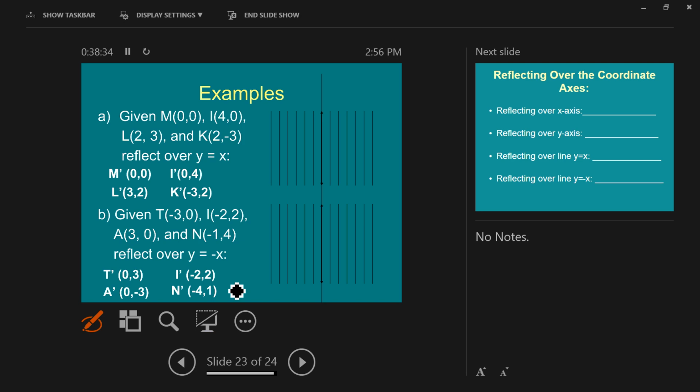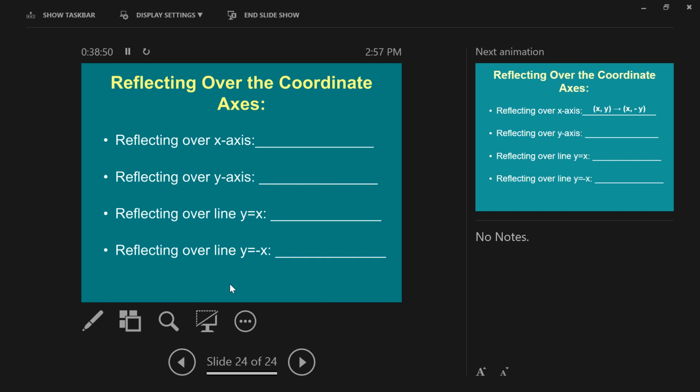Okay. All right, and then they made a little place for us to write down what we basically have just observed. So when we reflected across the x-axis, what did we say was going to happen? Right. So it just changes y. When I reflect across the y-axis, it's going to change the x value, right?